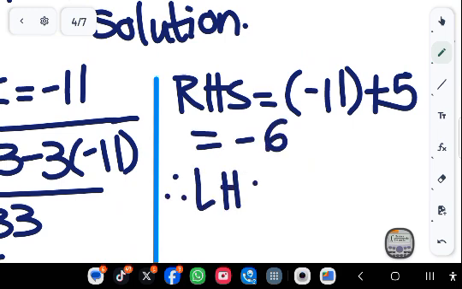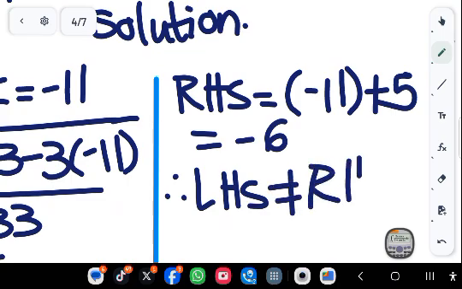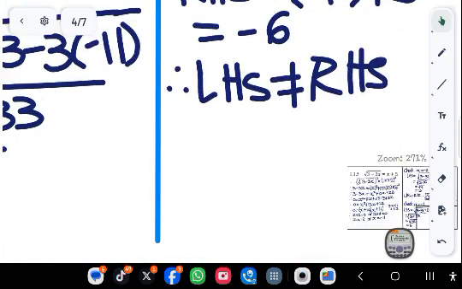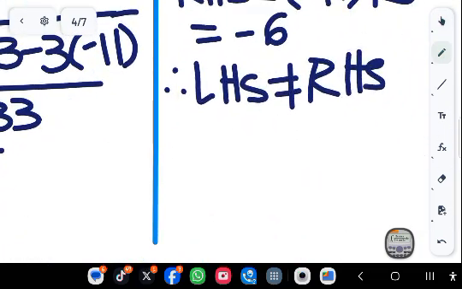Therefore, the left hand side is not equal to the right hand side, meaning that x equals negative 11 is not a solution.